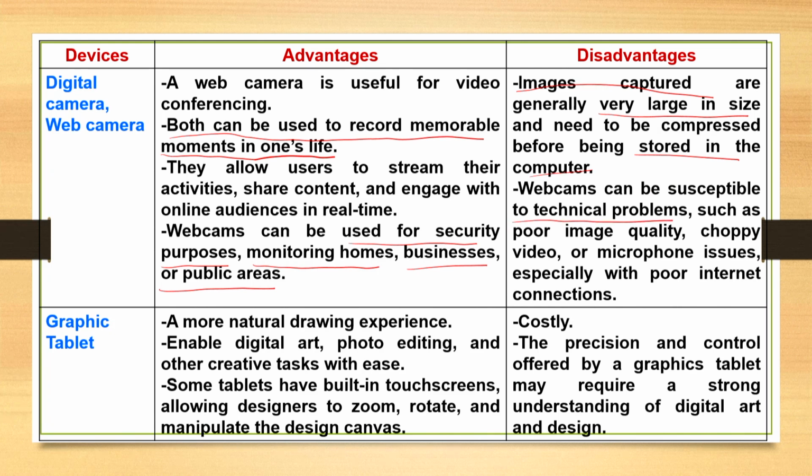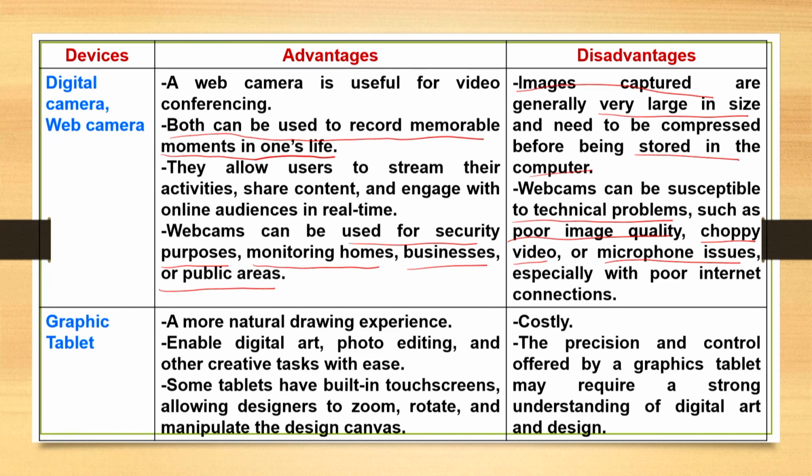What are these technical problems? Image quality may be poor, maybe you get choppy videos or microphone issues, especially when the internet connectivity is poor. So, these are the limitations of a digital camera and the web camera.